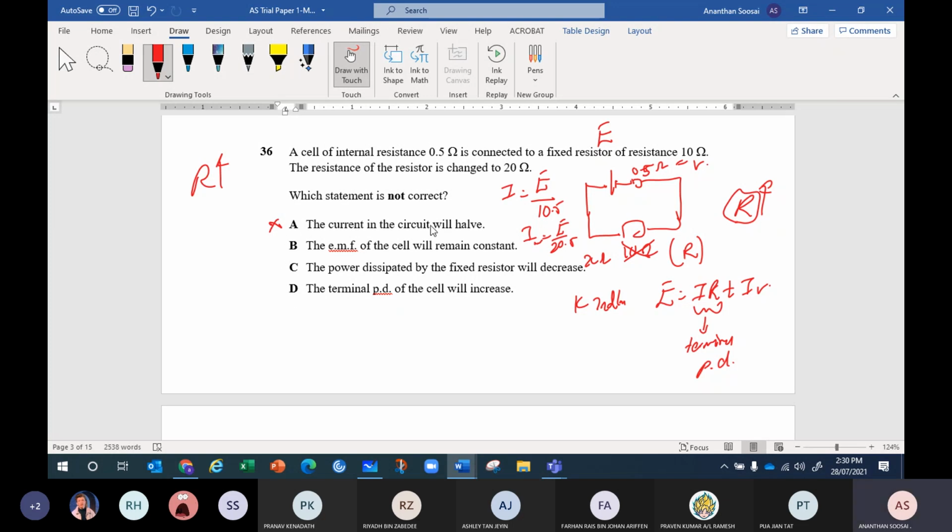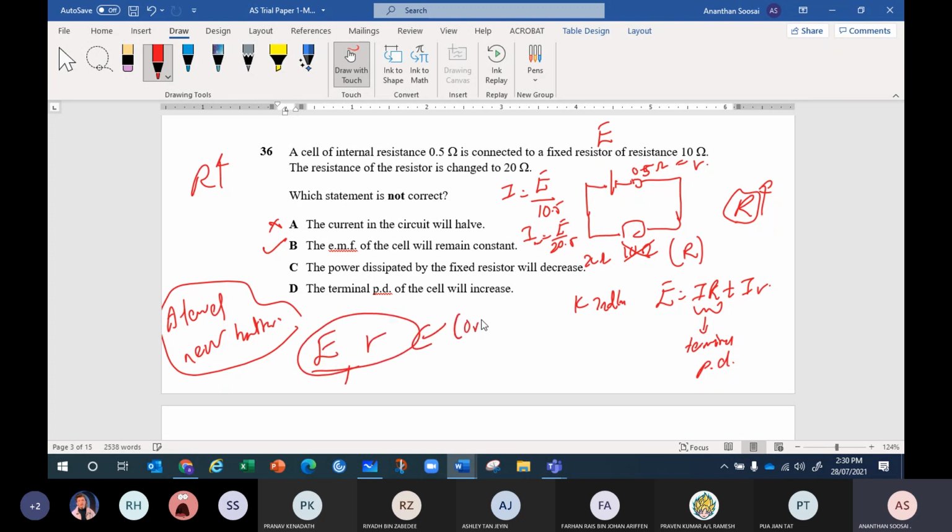So A, not really. B, the EMF of the cell will remain constant. Yes, this is correct. The two quantities unaffected, for A levels, for a new battery, are the EMF and its internal resistance, which are always constant.